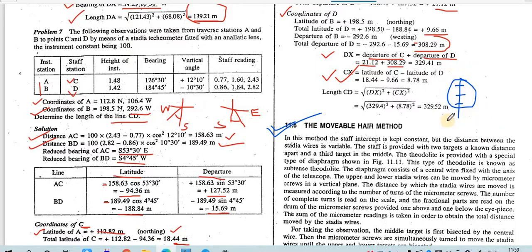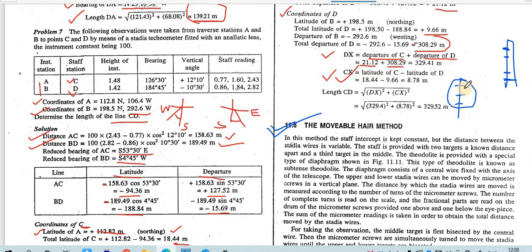Okay. In the fixed hair method, the top and bottom hair were fixed at a certain distance. They were not moving. But in the movable hair method, there is a leveling staff in which targets are already marked. There is a first target, there is a second target. So whenever you bisect the object, suppose your top hair reading is coming over here, your bottom hair reading is coming over here.